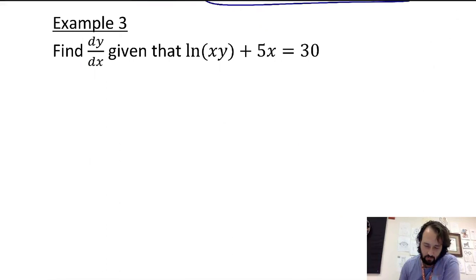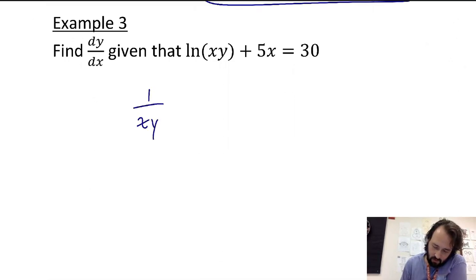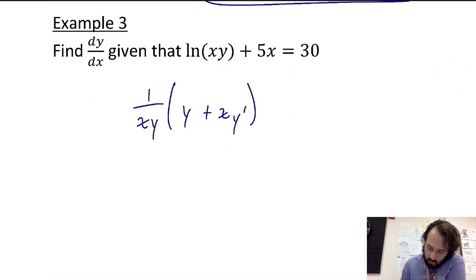All right, let's do another one. Natural log of xy. So this is chain rule mixed with a product rule inside there when I take the inside derivative. So if I'm doing the derivative, I would have 1 over the thing inside with that natural log times the derivative of the thing inside. So that would be y plus xy prime plus 5 equals 0.